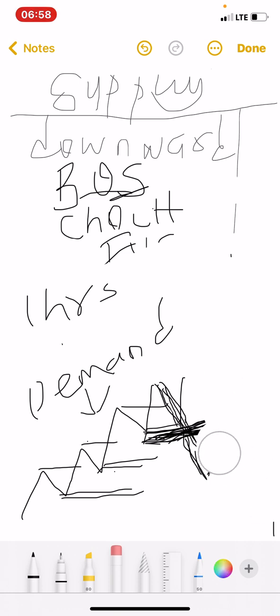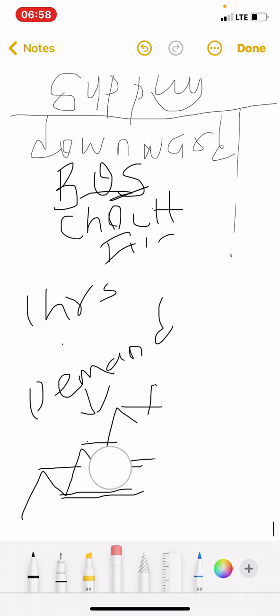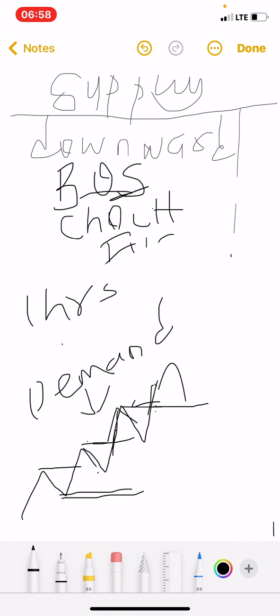Okay, this is our demand, these break of structures. This is the last demand zone here. If a weak candle comes down here, you know that price is intending to move upward again.